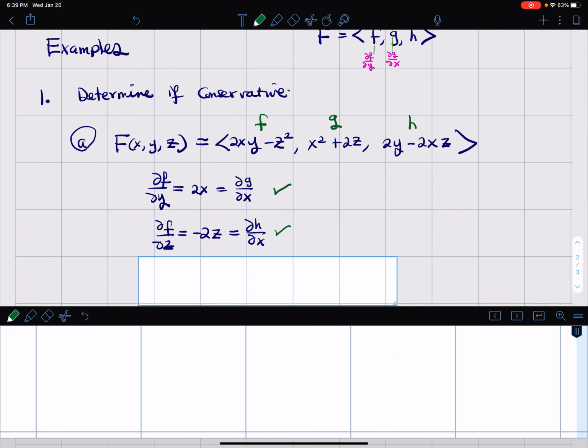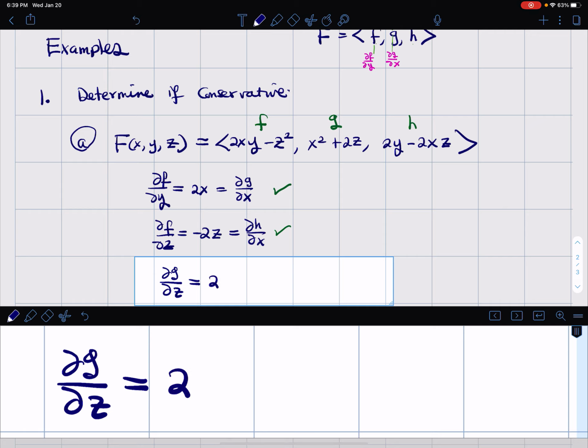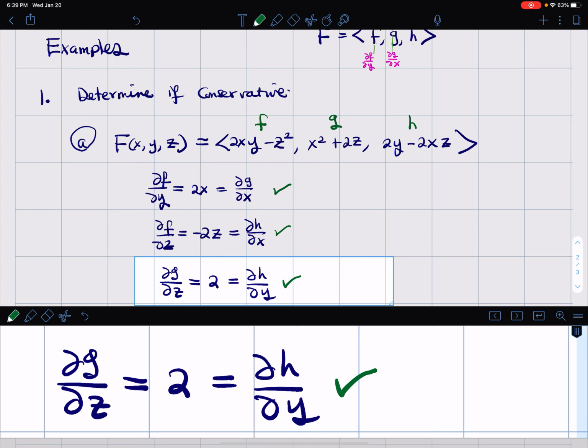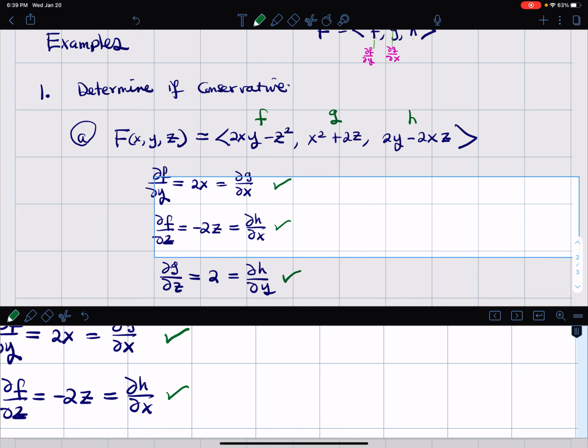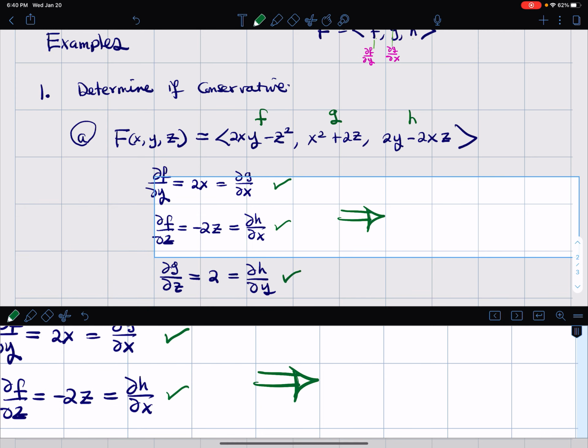So lastly, let's do dg/dz. dg/dz is 2. Is this equal to dh/dy? Yes. So this is true. If one of them doesn't hold, then that means the whole condition is violated and the function is not conservative.